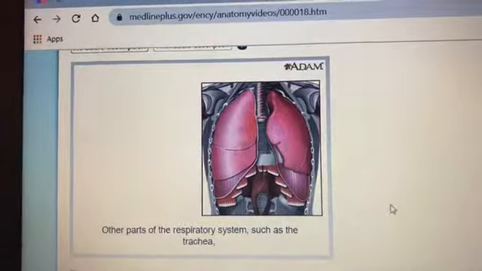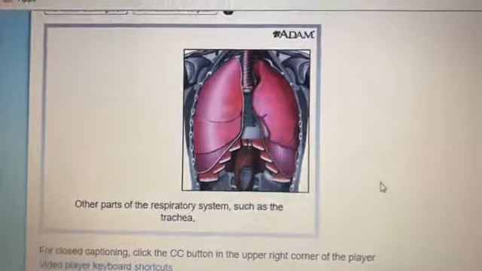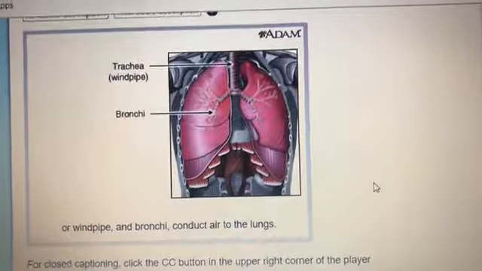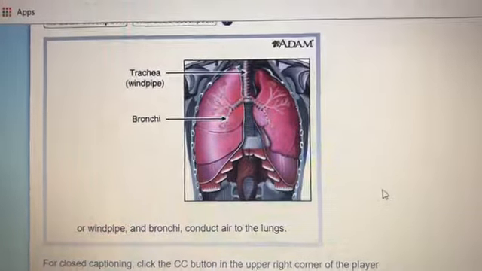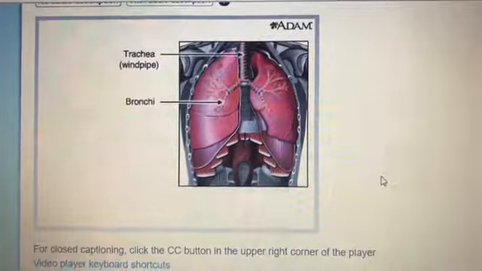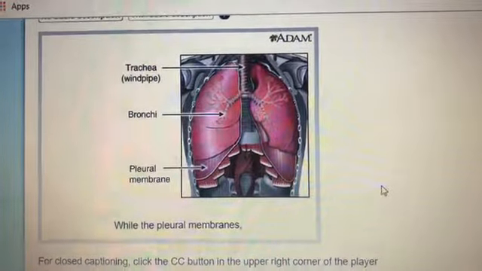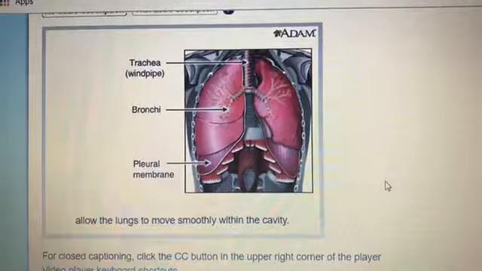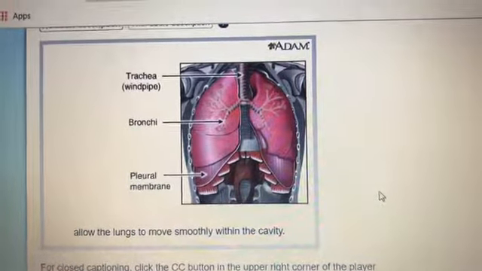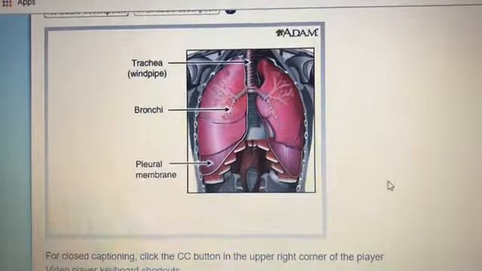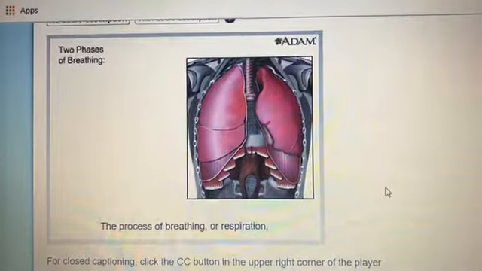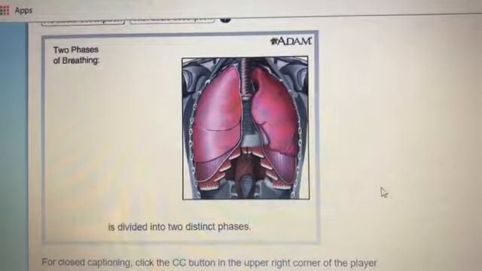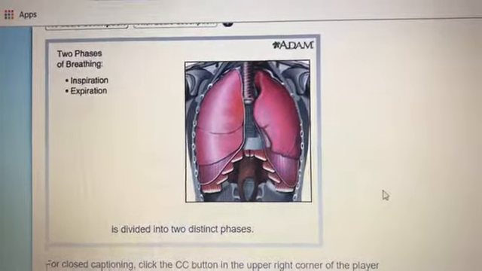I know I didn't talk about that, because the main focus is the diaphragm and the intercostal muscles, but this is definitely going into more depth. It tells you about the pleural fluid, which is basically the surfactant that we talked about earlier this week in class, and that's to give that slip so there's not that friction.